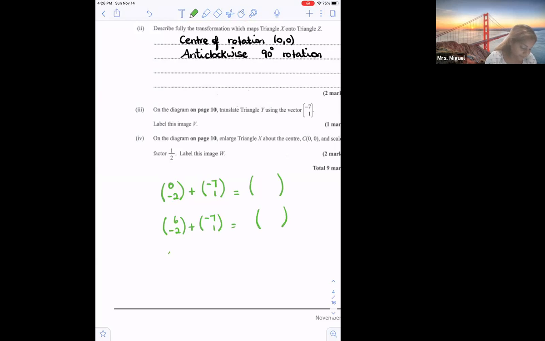Then we have 4, -4 plus -7, 1. So add those and see what answer you get. And that will give us the image V.